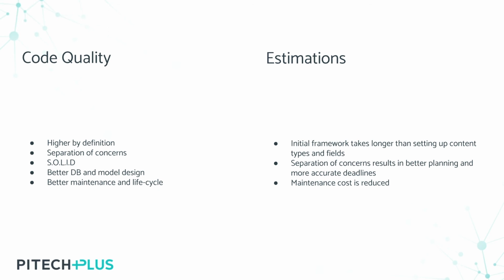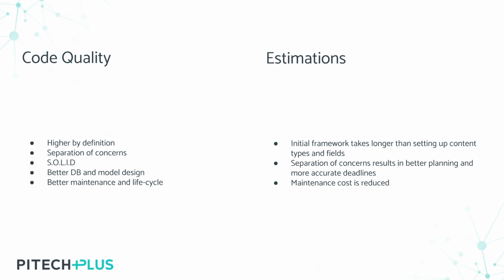But once that architecture is done, you can easily build on it and you can easily extend it. So the initial framework, as I said, takes longer. It obviously takes longer than clicking and setting up content types and fields, which will create you millions of tables in the backend and will slow your site down.